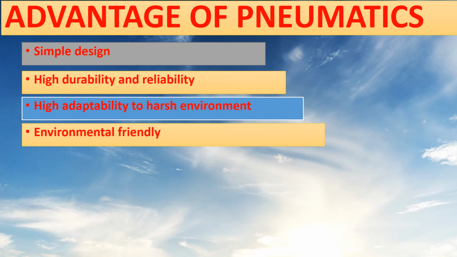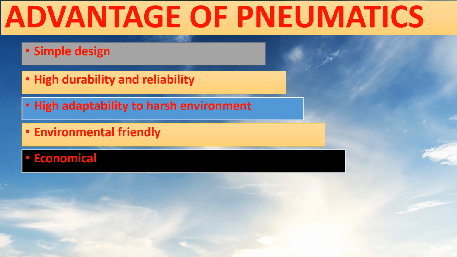Environmentally friendly, because air is used as the fluid media, and you know that air is harmless to the environment. Even if something goes wrong in the system, air leakage will not contaminate our environment. So that's why the pneumatic system is considered environmentally friendly.